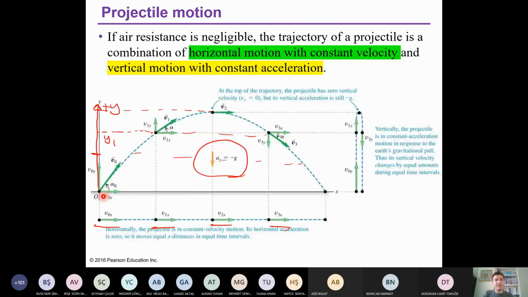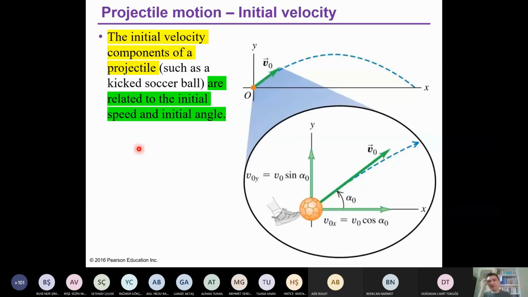Here we have V0, and this is the x component of V0. This is the y component of V0. And this is alpha 0, the initial angle between x and this V0 vector. So now let's try to write these components in terms of V0 and alpha 0. Here we have a soccer ball, okay?